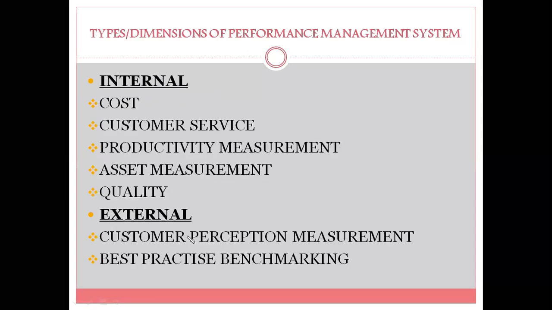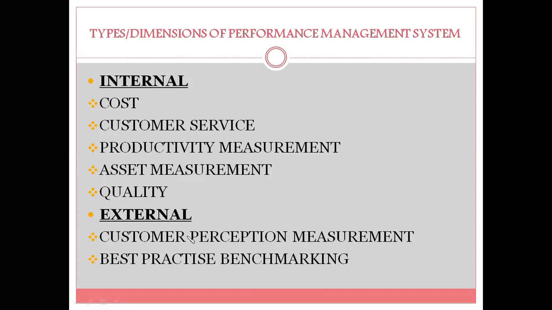Okay. Now here we can see, this is another very important topic: types or dimensions of performance management system. This performance management system is basically divided into two categories. Okay, internal and external. Internal performance measurement or performance management, and external performance measurement.